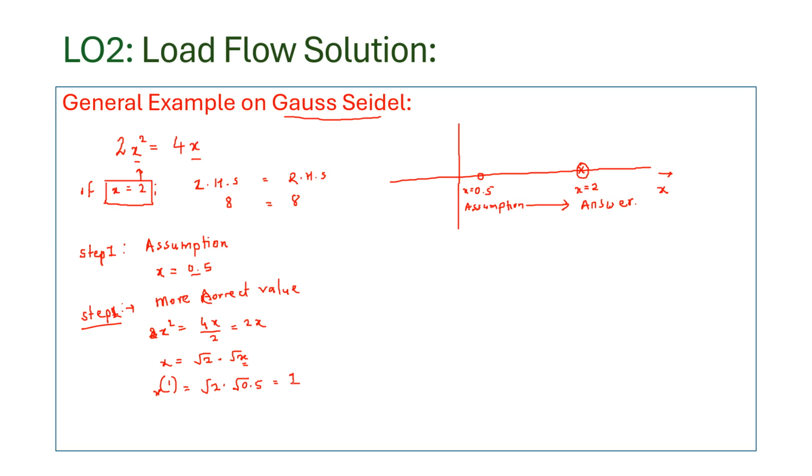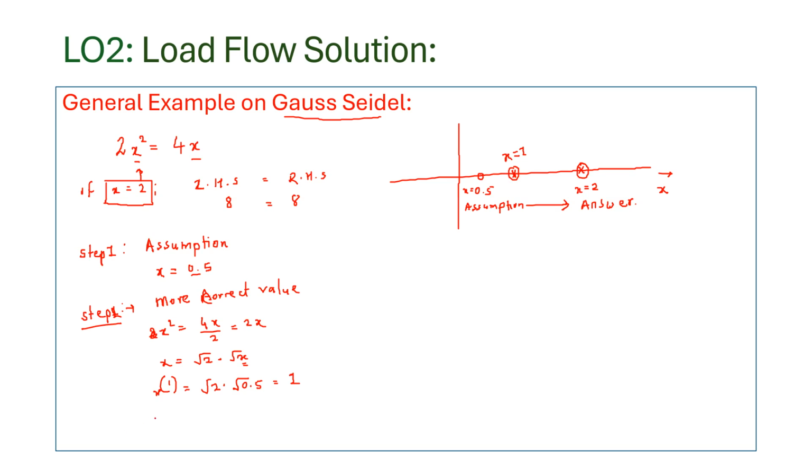Yeah, we get an answer as 1. Now we have obtained x is equal to 1. But this is not the correct answer. This is a more accurate value, which is closer to 2. This is not the correct value.